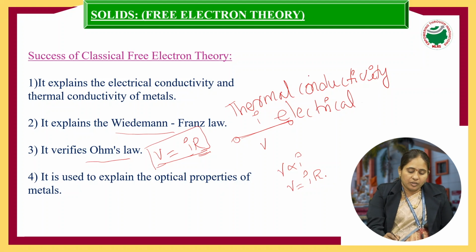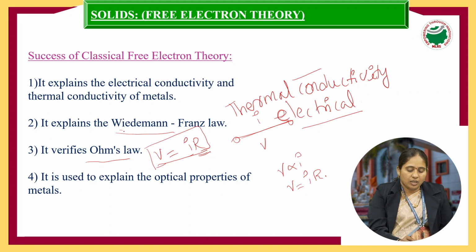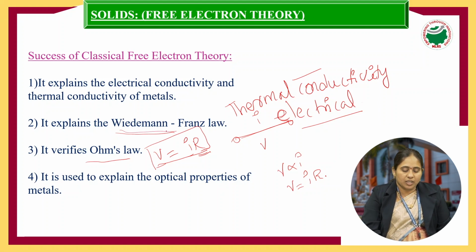Thermal conductivity means the capacity of the material to conduct heat. Electrical conductivity is the capacity to pass current through the material. Between these two there is a relation, and that relation was explained by the success of the classical free electron theory, that is the Wiedemann-Franz law.